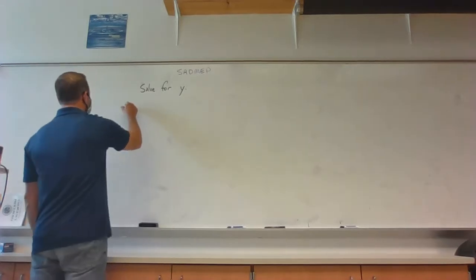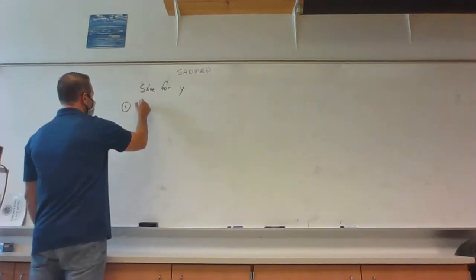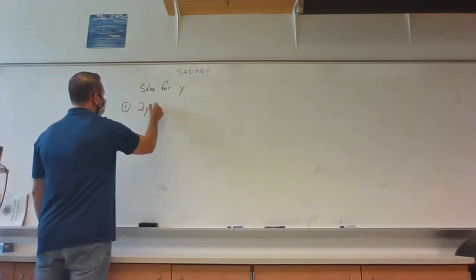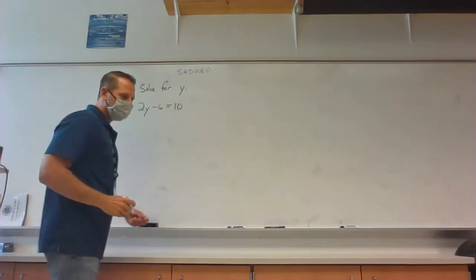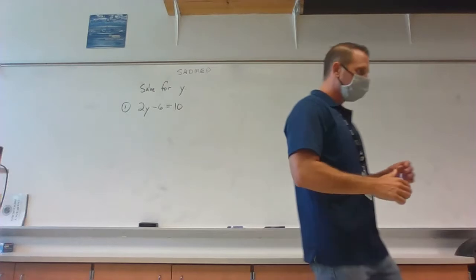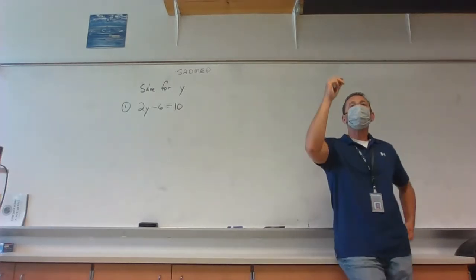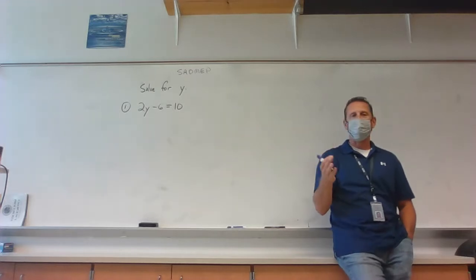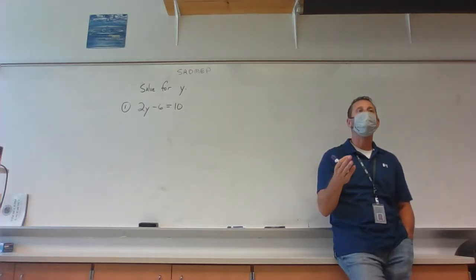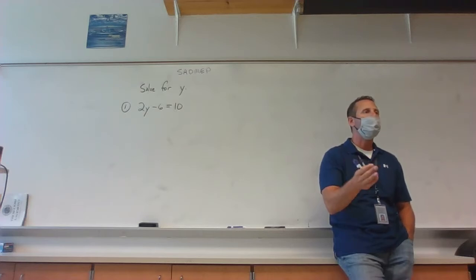Number 1, solve for Y. 2Y minus 6 equals 10. Okay? So before we start undoing operations, let's talk about the operations that are currently being performed on Y. What are we doing to Y?